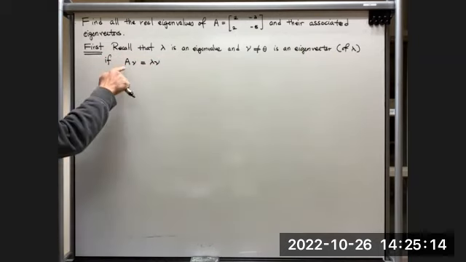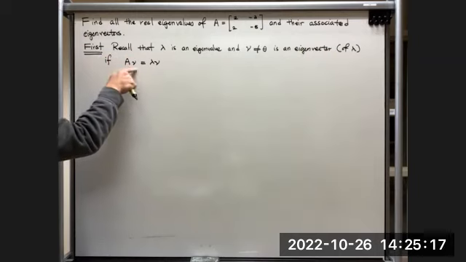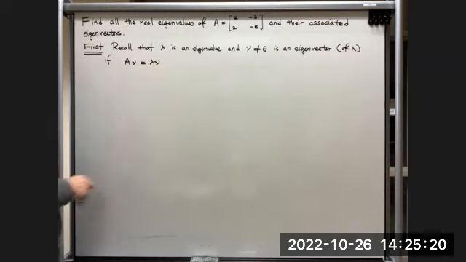In other words, the action of A on v is just a scalar multiplication on v.